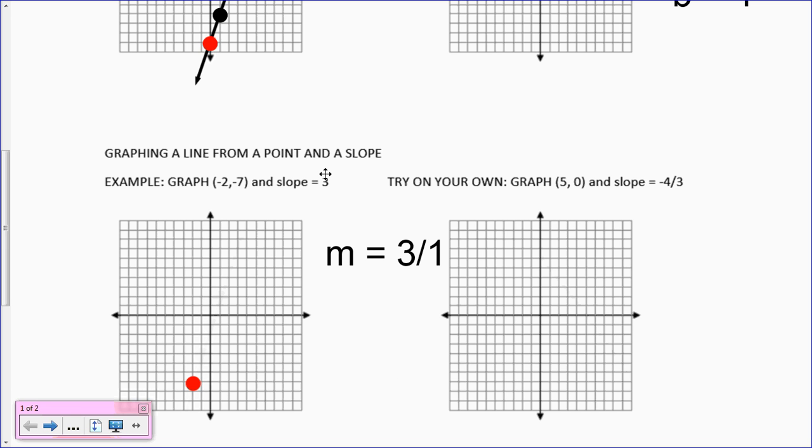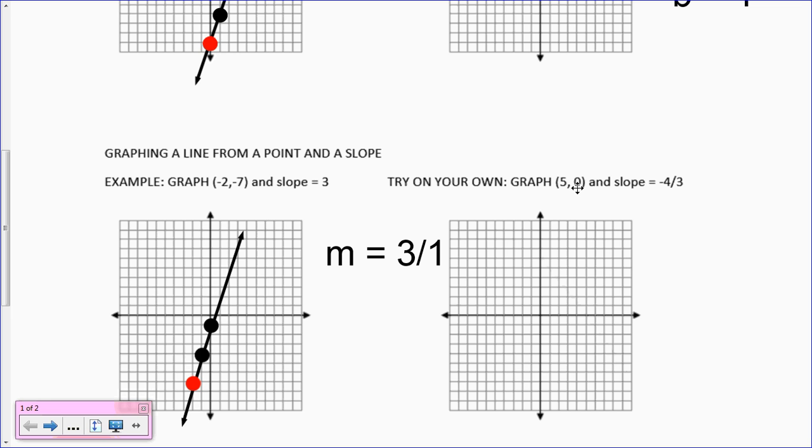Our slope is 3, which is 3 over 1. We're going to go up 3 and over 1. Right here, up 3 over 1. I like to make lots of points, and then just draw a line through it. So the only difference is that our point, even though it's not the y-intercept, we're going to plot that first and then do the exact same thing.